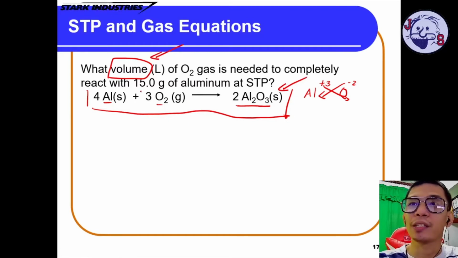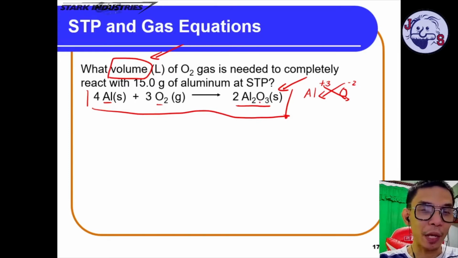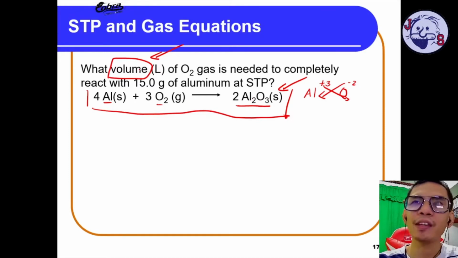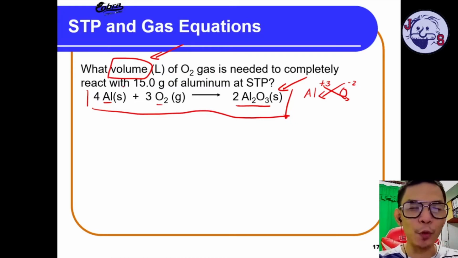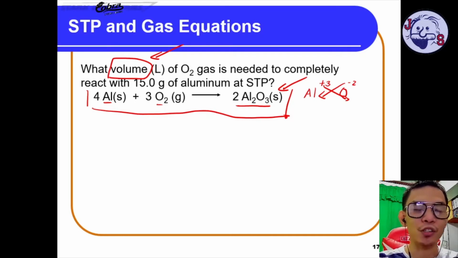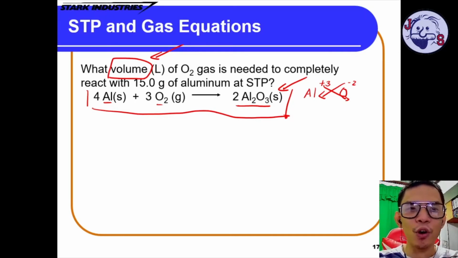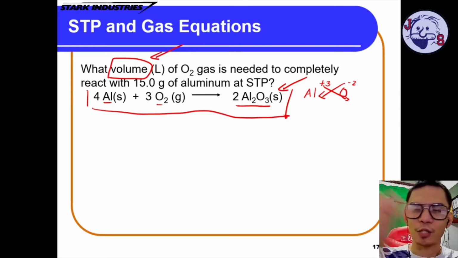Always take note that the answer for this problem depends on this equation. If you have a wrong equation, then you might have a wrong answer. If you want to independently solve this problem on your own, you can pause the video, then play the video again if you want to know the answer.